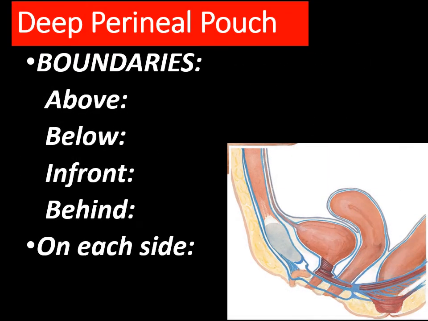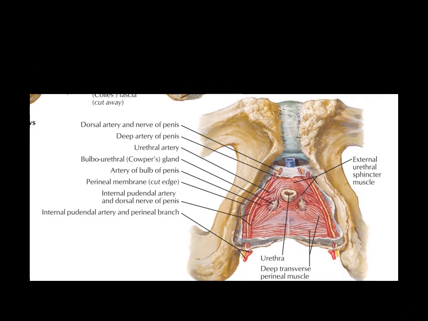Then moving to the deep perineal pouch. What are the boundaries of the deep perineal pouch? We are going to discuss these boundaries: above, below, in front, behind, on each side. So the deep perineal pouch boundaries are anteriorly what is present, posteriorly what is present.